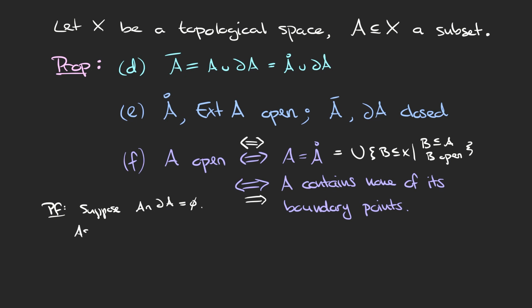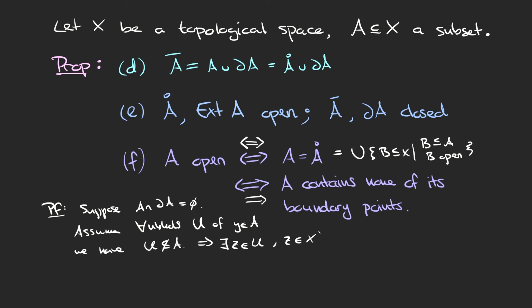So this means that we assume that for all neighborhoods U of some point Y in A, we have that U is not contained in A. But this means that there's some point Z in U where Z is an element of the complement of A. Thus, for any point in A, we have that all neighborhoods contain a point of the complement.